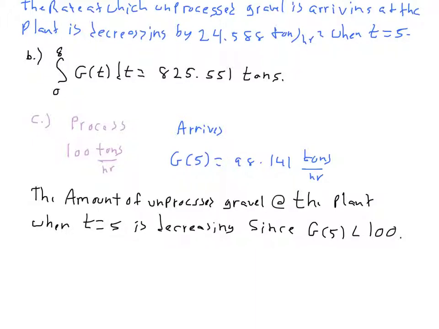So the amount of unprocessed gravel at the plant when t equals 5 is decreasing, since the rate at which it's arriving is less than the rate at which we're processing it.